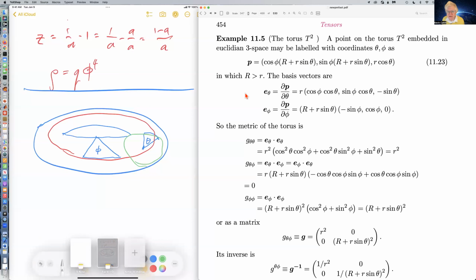So what are the basis vectors? Well, by definition, the arbitrary point p on the torus is a two-dimensional surface embedded in Euclidean 3 space, and the basis vectors are these: the theta vector is the partial of p with respect to theta, and it points in all three directions, whereas the phi basis vector is the partial with respect to phi.